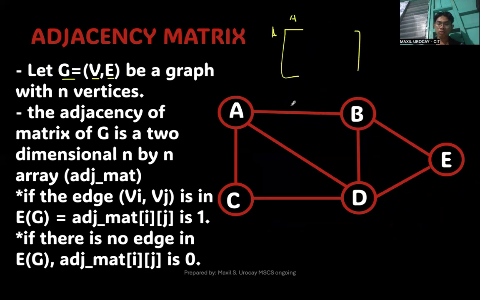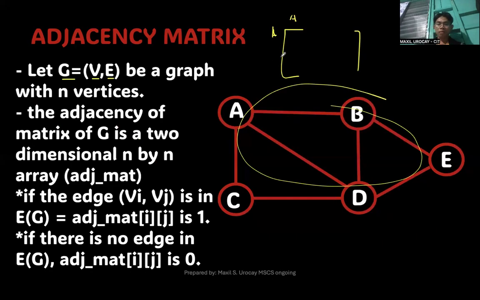What your nodes contain must also be declared here in the rows and columns. So it is a two-dimensional n by n array, denoted as the adjacency matrix.